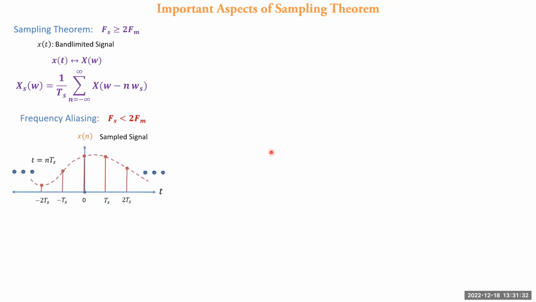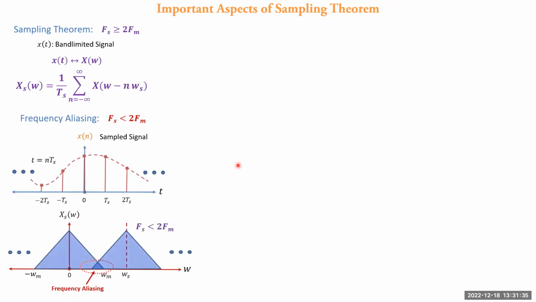It may cause frequency aliasing if the sampling frequency is less than twice fm. In that case, the adjacent spectrum will overlap and it will result in noise whenever the signal is reconstructed using a low pass filter, and that has to be eliminated. So if the signal is not band limited, pass it through a low pass filter with cutoff frequency omega m, and one can avoid frequency aliasing, and that will in the end avoid noise generated in the output signal.